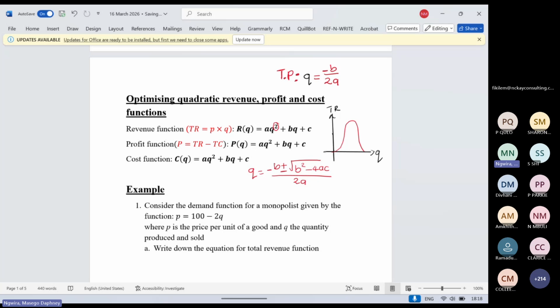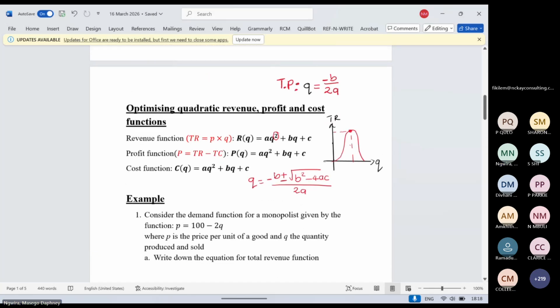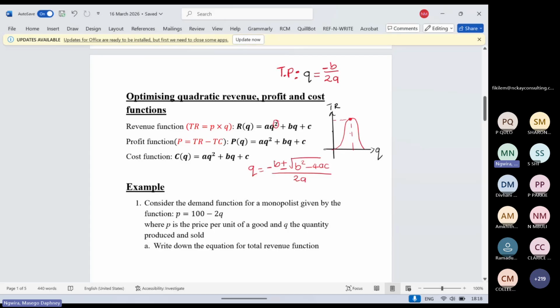This is my turning point. As I said, my turning point is my maximum. This is the maximum point. This is what you call the turning point.